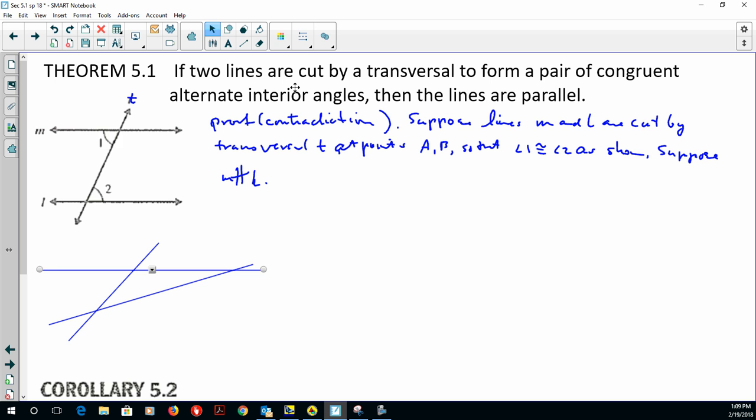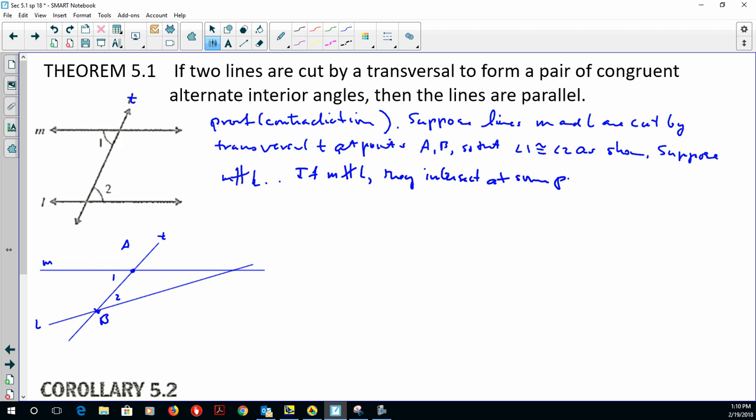Here's angle 1, and here's angle 2, and this is point A, and this is point B. Now, if M is not parallel to L, they intersect at some point C. It looks something like that, if you can read it.